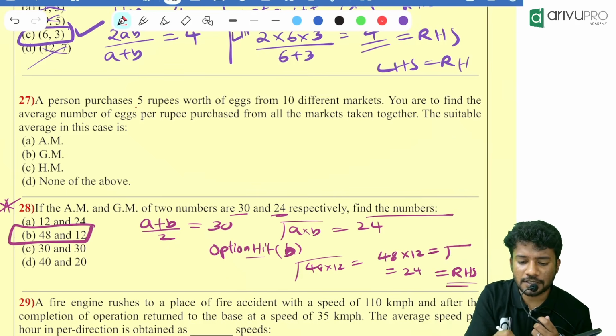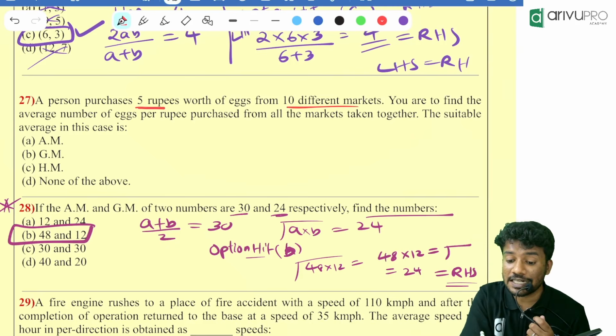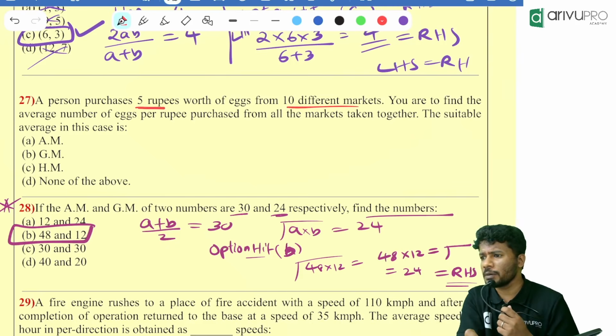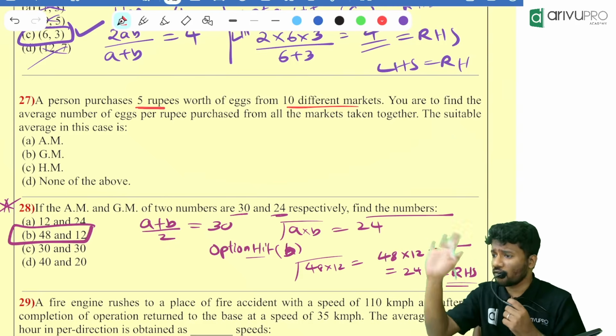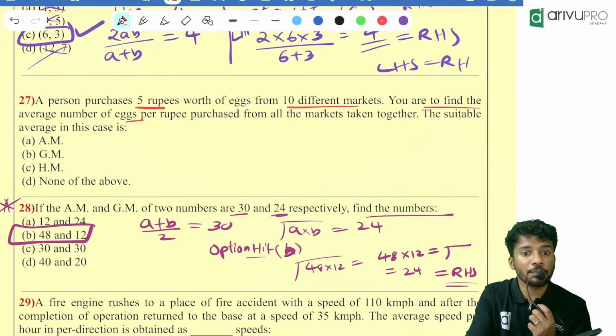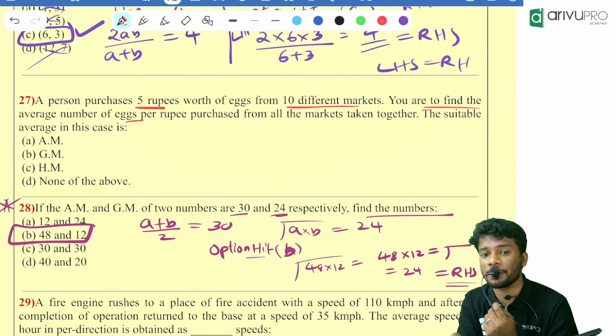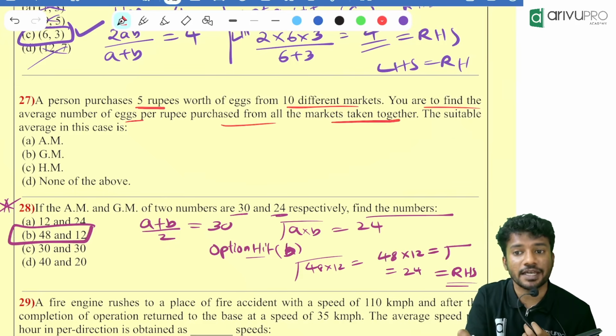A person purchased 5 rupees worth of X food from 10 different markets. Okay, he bought X from 10 different markets for 5 rupees. Now you are to find the average number of X per rupees. Whenever you see per, you will do what? HM. Per rupees purchased from these markets taken together.